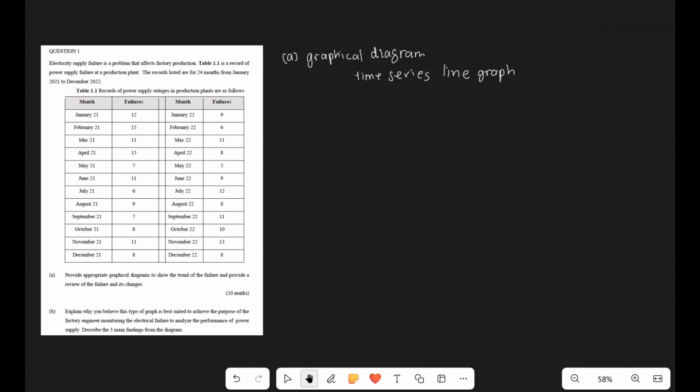The x-axis is showing the month and year, and the y-axis is the number of electricity supply failure.